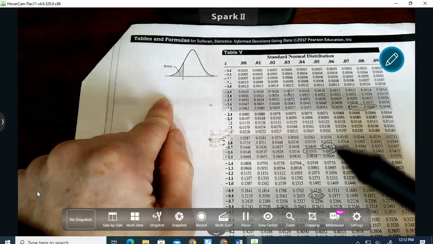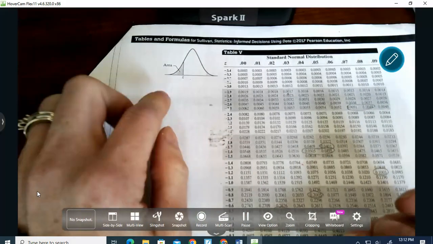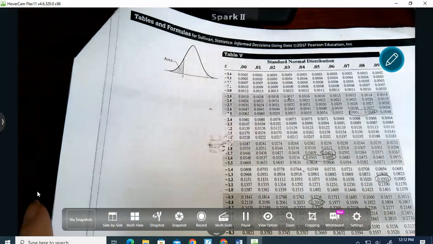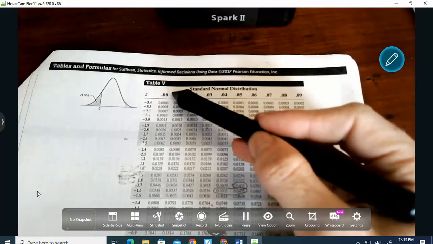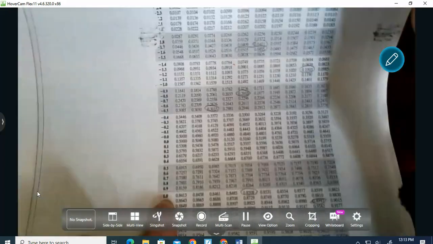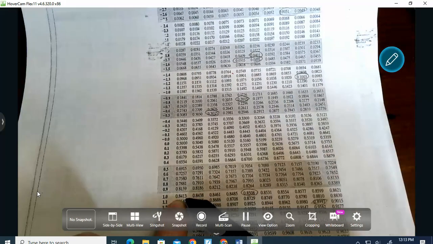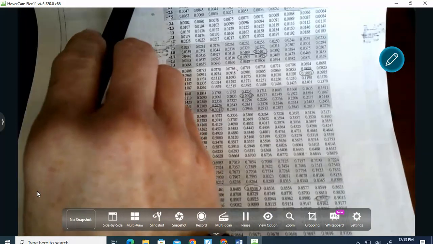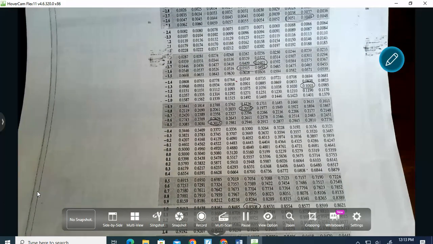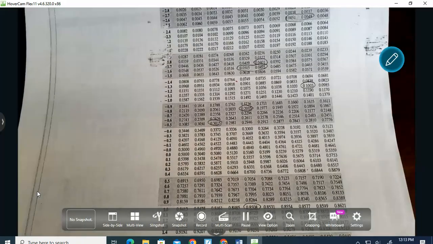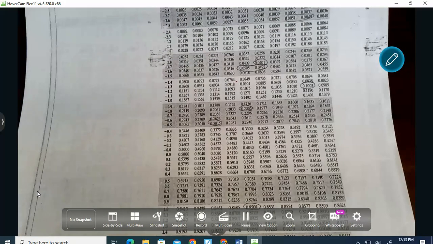So if my z was 1.0, you would go down, z equals 1.0, second decimal is also 0, so you have 0.8413. That is the probability of being less than one standard deviation above the average. So this table gives you below. How would you find something greater than? 1 minus the number on the table.